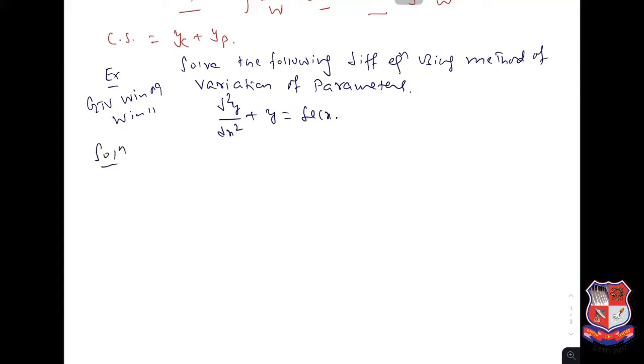So now first we need to solve the auxiliary equation, and that is d square y by dx square plus y equal to 0. So we need to solve D square plus 1 equal to 0, and so this differential equation we need to solve as homogeneous.